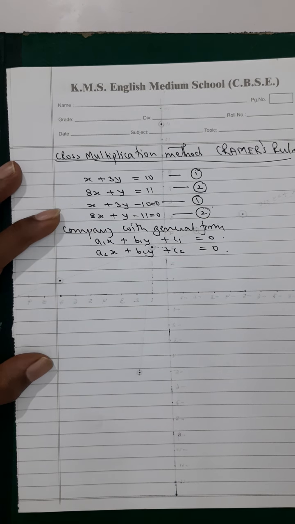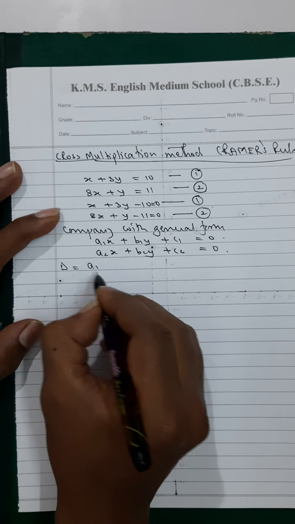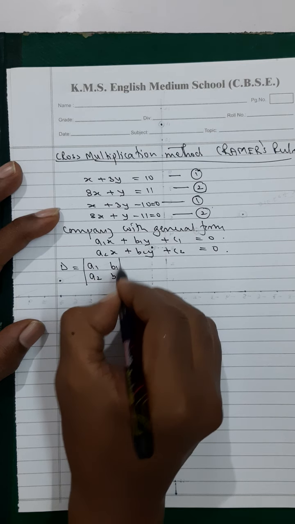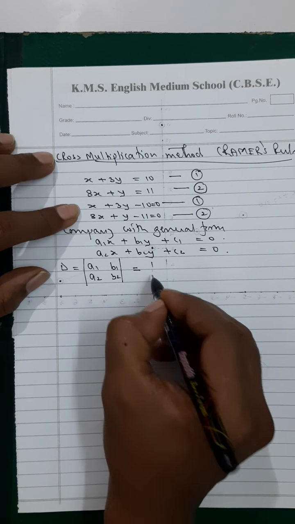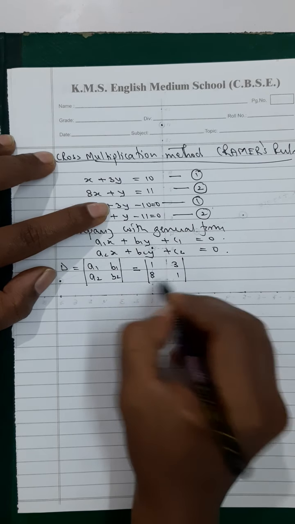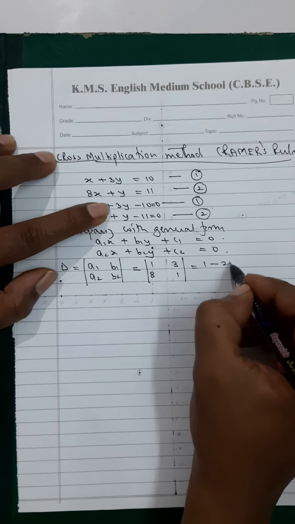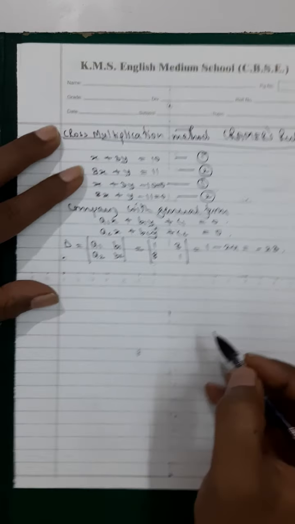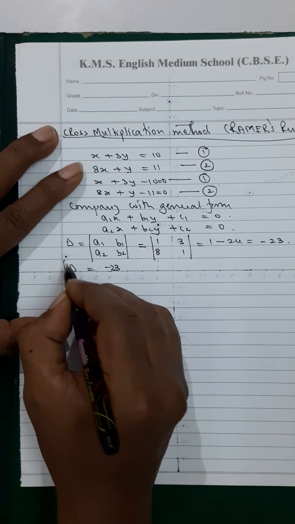Okay. Now here D is equal to the determinant with a1, a2, b1, b2, which is 1, 8, 3, 1. This will be 1 minus 1 into 1, 1 minus 8 threes are 24, which will give you minus 23. So D is equal to minus 23.